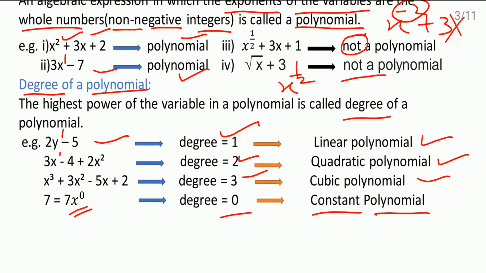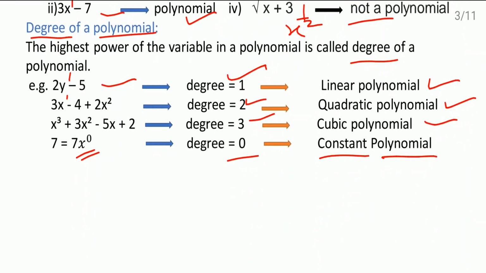Suppose I take minus 2, which is equal to minus 2 into x raised to 0. The degree becomes 0 and this is also a constant polynomial. You can take any constant number; it is called a constant polynomial and its degree will be 0.